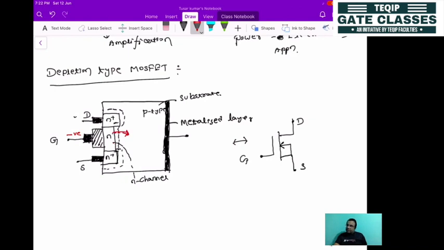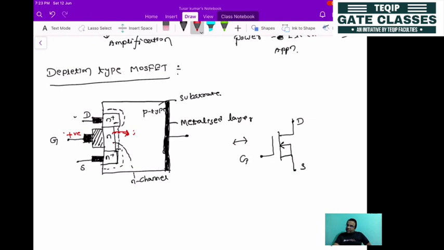If they are moving outside, it will not solve our problem, because there always has to be a current flowing from drain to source or source to drain based on the applied voltage. As the electrons will be moving towards the P substrate, that will not serve our purpose. So for that purpose, you have to apply a positive voltage. In N type material, the minority charge carriers are holes and the majority charge carriers are electrons.